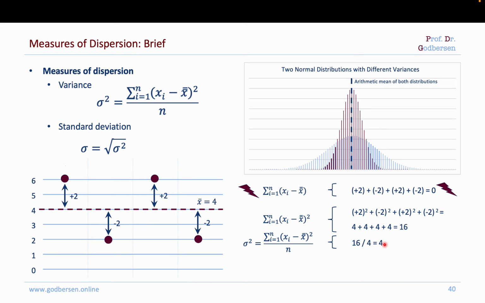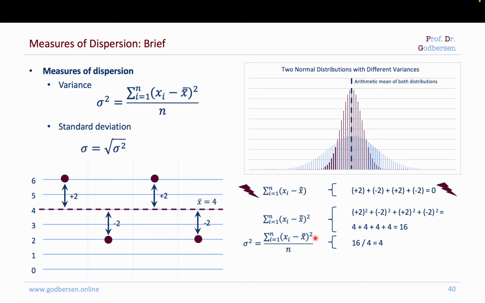Here we can clearly see, wait, 4? The values are not 4 higher or lower than our arithmetic mean, they are 2 higher and lower. And this is because of our math trick to get rid of the minus, the squaring, so we run out of our range or our scale.